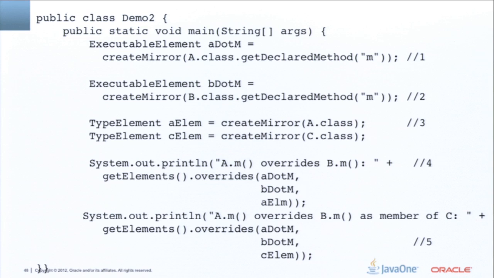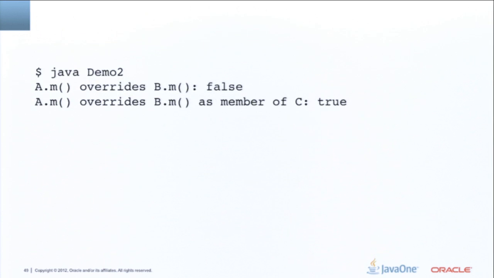And on line 5, we do it saying, hey, I'm actually class C. Does the declared method A.m override B.m? And it turns out, luckily, this is working. So from A, A.m overrides B.m is false. But when you look at it from the perspective of C, A.m actually overrides B.m.